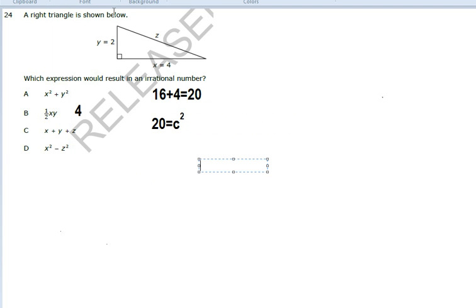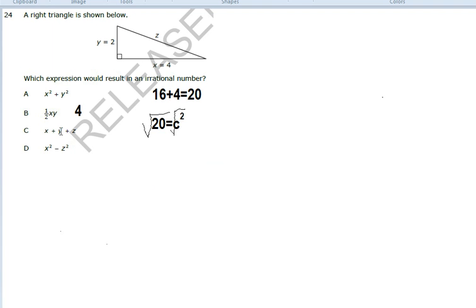Okay, so to solve for c, what I need to do is take the square root of both sides. That cancels out the square, and so I know that c, or in this case z, is the square root of 20.